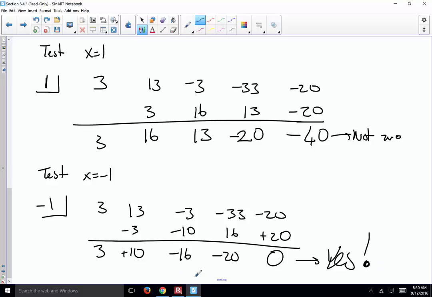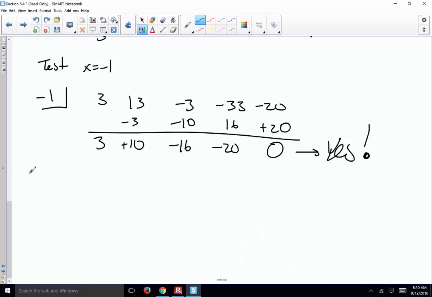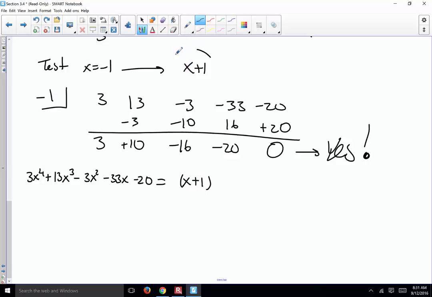How? Again, what I know so far is that polynomial 3x to the 4th plus 13x cubed minus 3x squared minus 33x minus 20 now has, again, x minus 1 creates the factor x plus 1, so I have it right here. Now our polynomial is one size less, but how do I know that new piece?